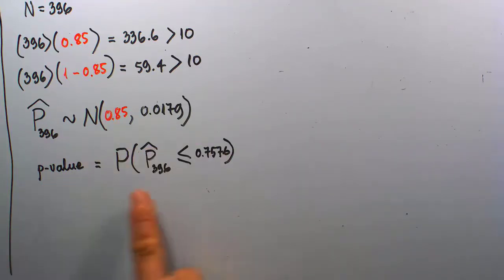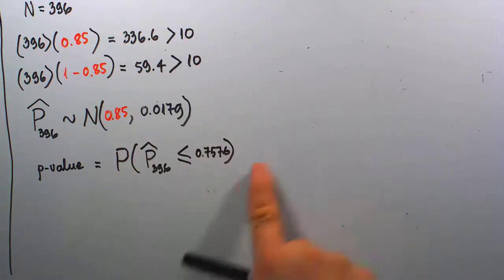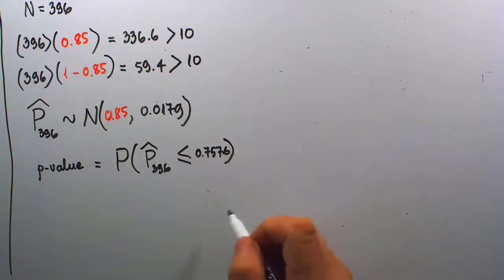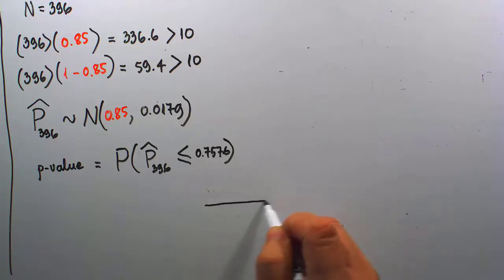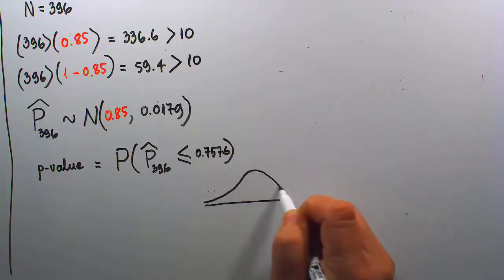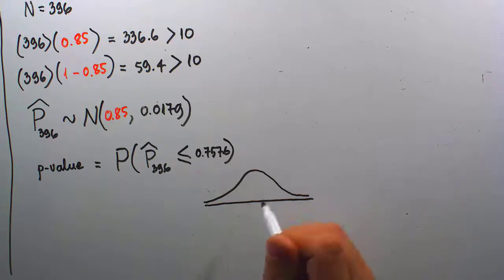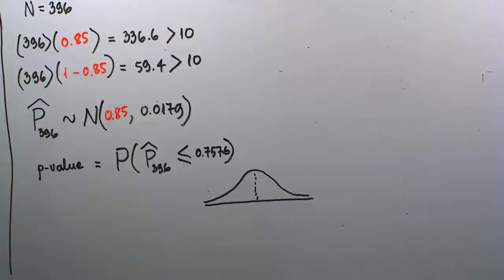I still have not explained that, but at least think about once we set up the calculation, we can now calculate this probability as a bell curve problem. I did draw this little bell curve back when I was showing the steps, and here I'm doing it again. This bell curve has center accepted to be 0.85 because it came out of the claim in the null hypothesis, and our sample is somewhere to the left of this accepted center, 0.7576 here.